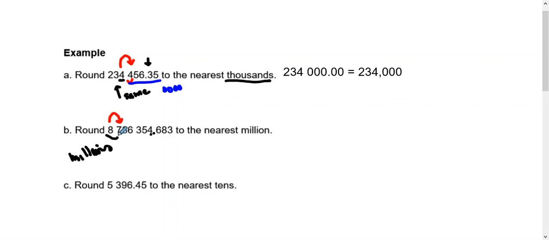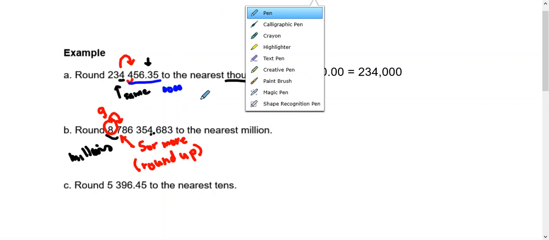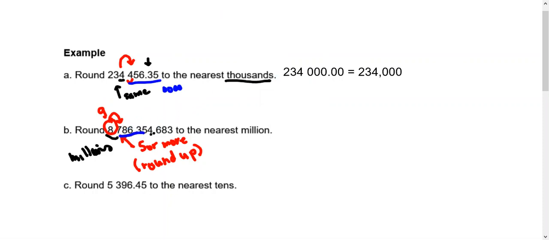Is this number 5 or more, or 4 or less? This is 5 or more. That means we're going to round up. So this one is going to become a 9. And then the rest of these values are going to be zeros. These are all going to be zeros.